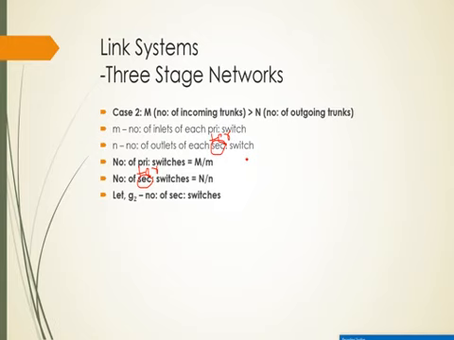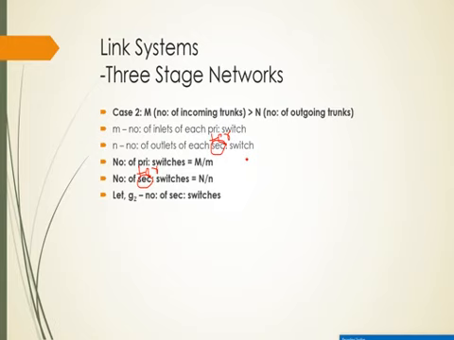Then I want to identify how many cross points there are for each of the switches. This is a common approach we can use even when m is equal to n. The number of cross points per primary switch is equal to the number of inlets to that primary switch into the number of secondary switches, because I should have a connection from each primary switch to each secondary switch.